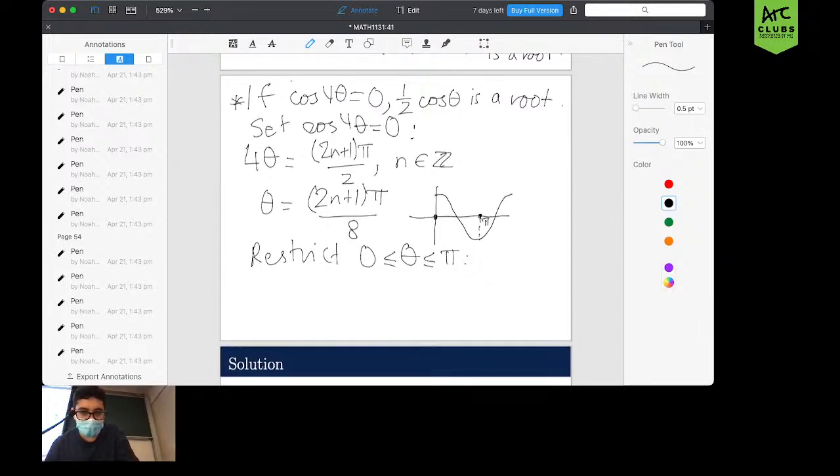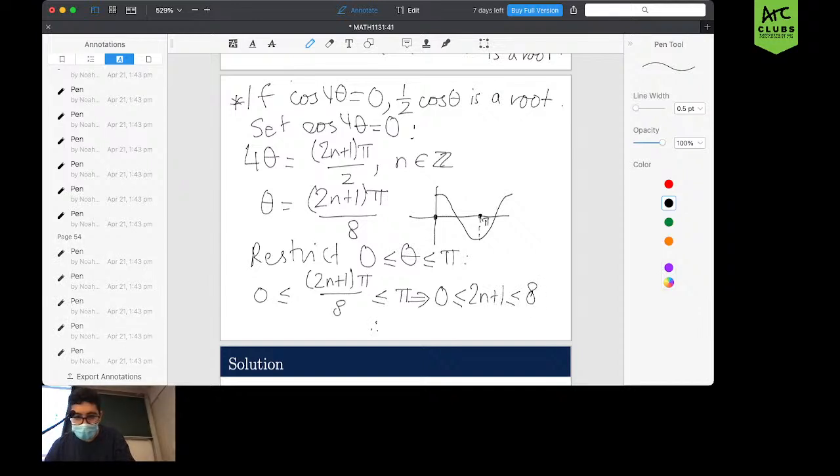And doing this, we get 0 is less than or equal to our value for theta, which is (2n plus 1) times pi on 8, which is less than or equal to pi. Now, if we multiply all 3 sides by 8 on pi, the left-hand side simply stays as 0. The middle becomes 2n plus 1. Right-hand side becomes 8.